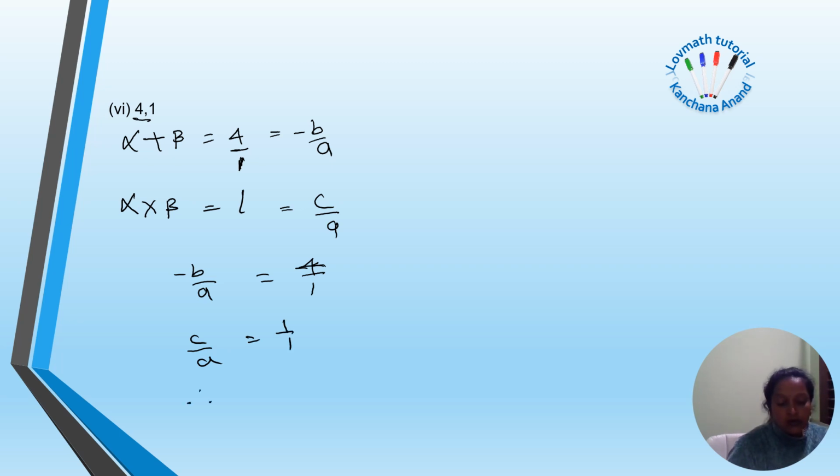Therefore the value of a is equal to 1, b is equal to minus 4, and c is equal to 1.